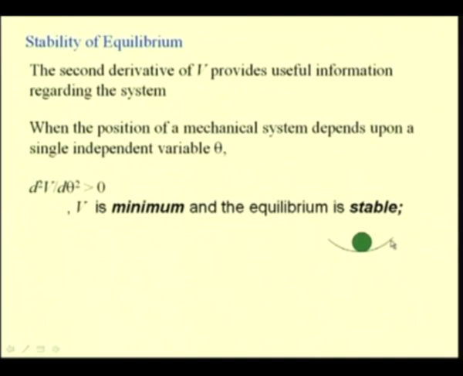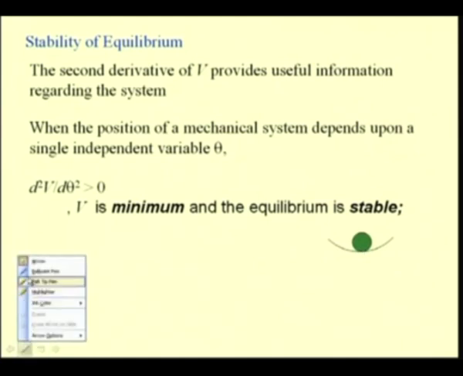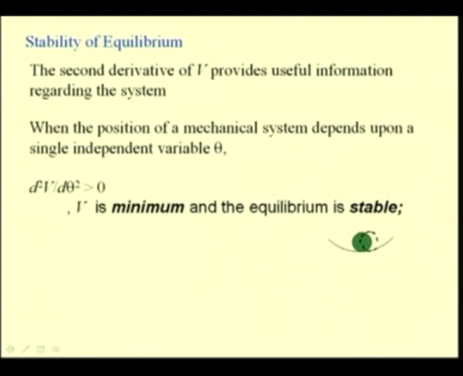This can be further explained using the analogy of a sphere trying to roll on a surface. If the sphere is slightly displaced to a new position, say from this point to this point, the potential energy of the sphere increases.